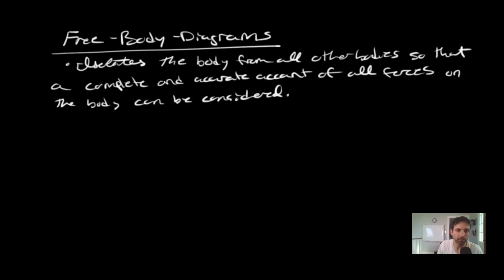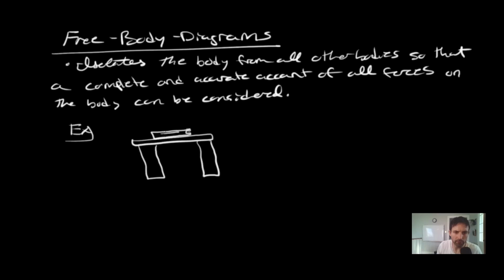For example, if you just have a table and you have a book sitting on the table, and I wanted to draw a free body diagram of just that book. Well, we just isolate this book and we say what outside forces are acting on that book.